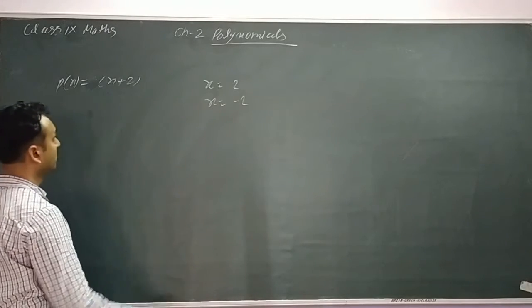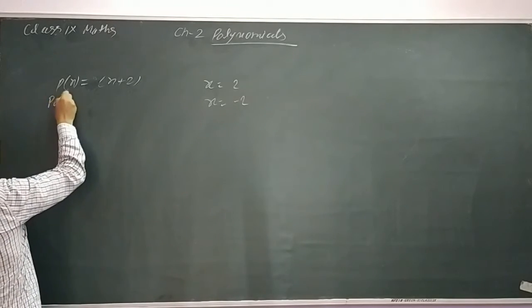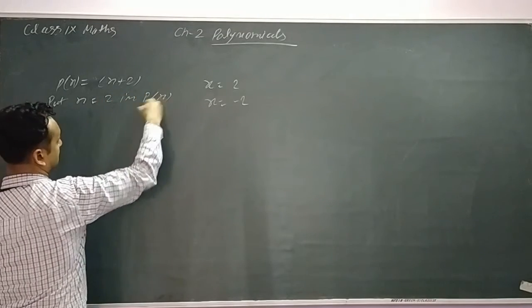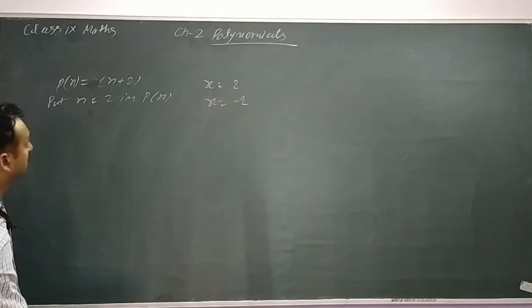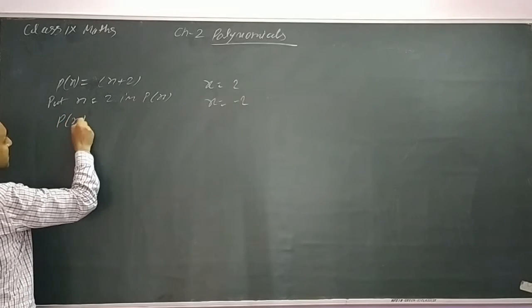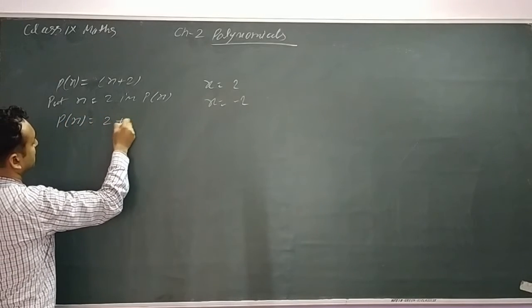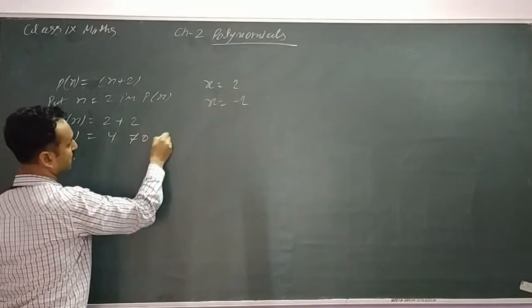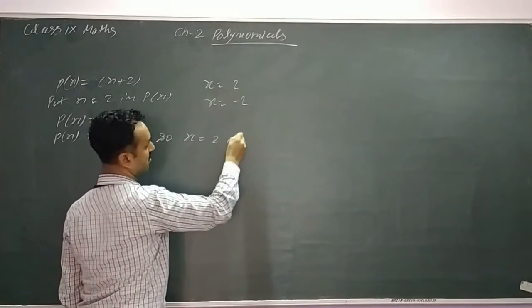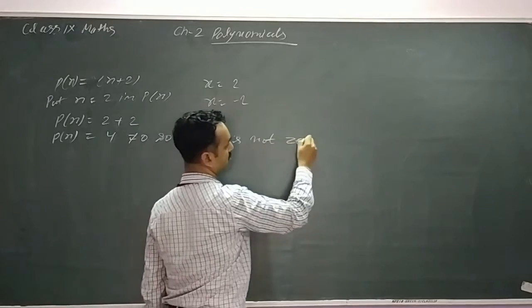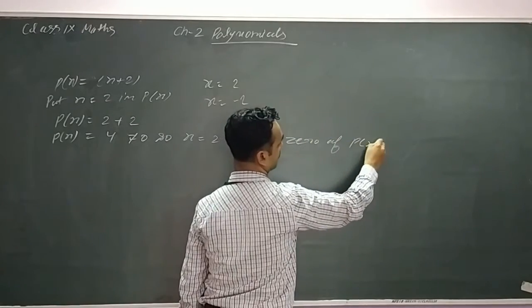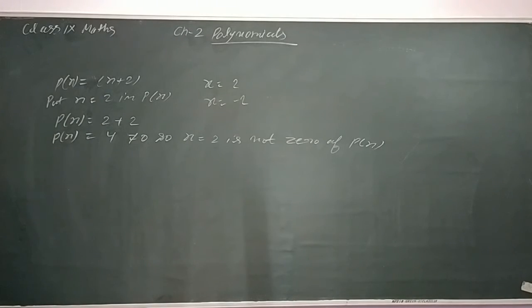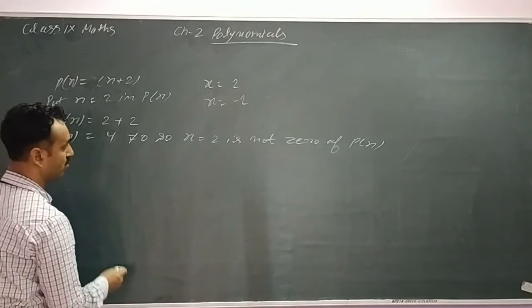First put x = 2 in p(x). p(x) = 2 + 2, and 2 + 2 is 4, so it is not equal to 0. So x = 2 is not a zero of p(x), because we don't get 0 here.